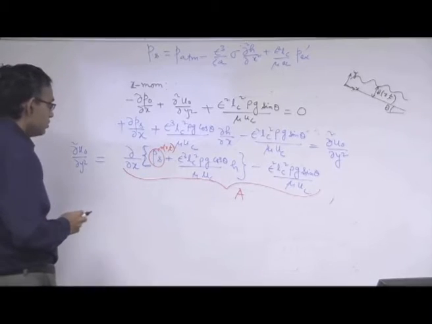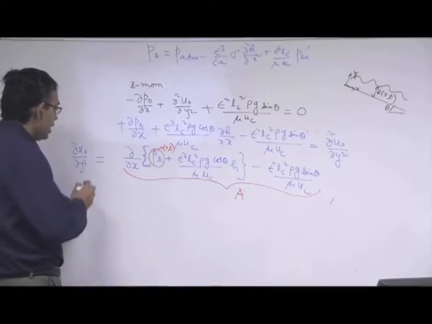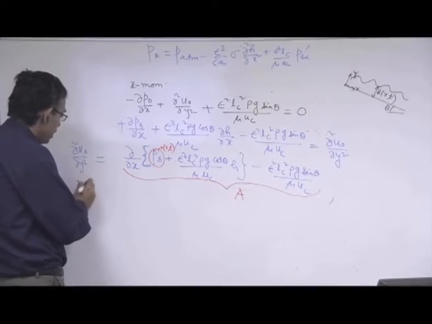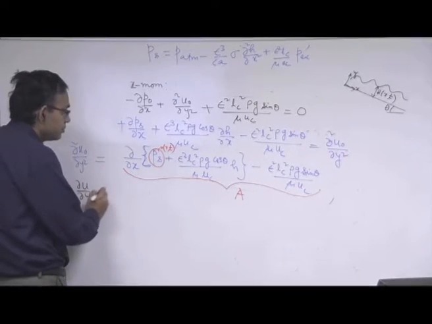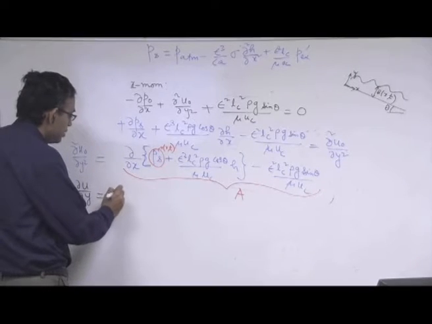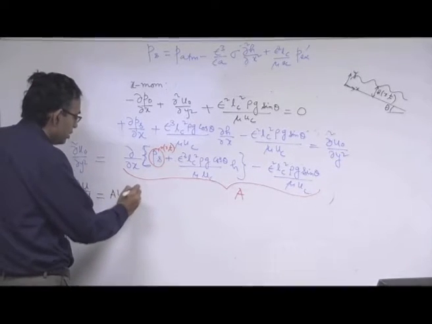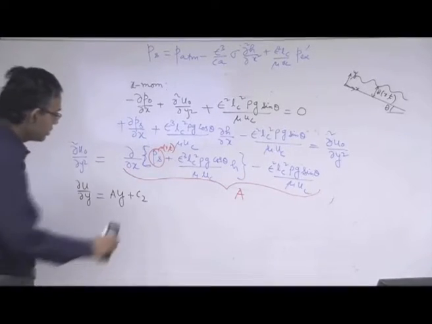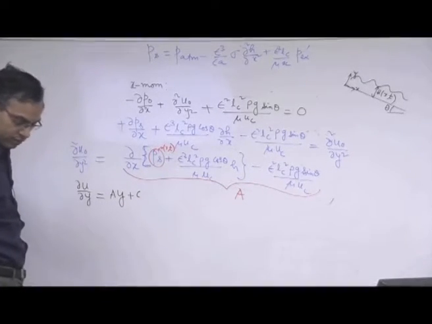Now, we will integrate it with respect to y. So del u del y is equal to A y plus, we have not used C1, so we can use C1.